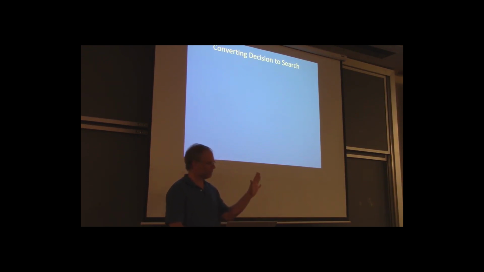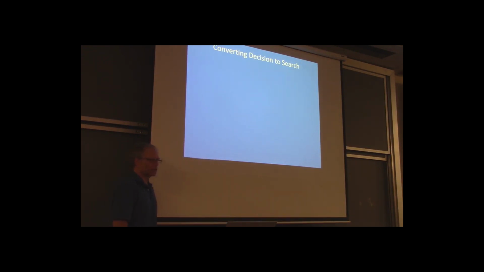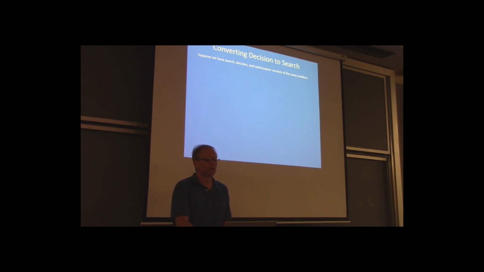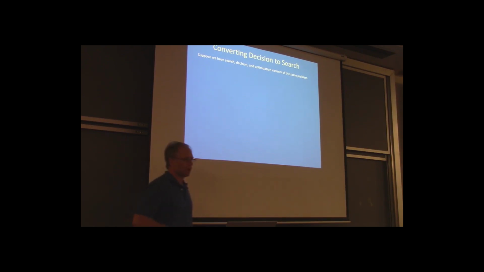But having said that, what I'm going to show you now is that if you can solve the decision problem quickly, and by quickly, what do I mean? Polynomial time. So if you can solve the decision problem efficiently, you can solve the search problem efficiently. Okay? So suppose we have search, decision, and optimization variants of the same problem.